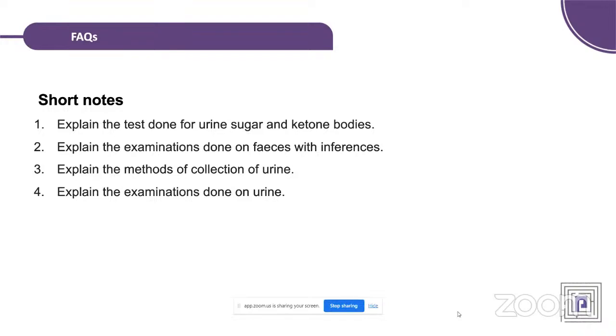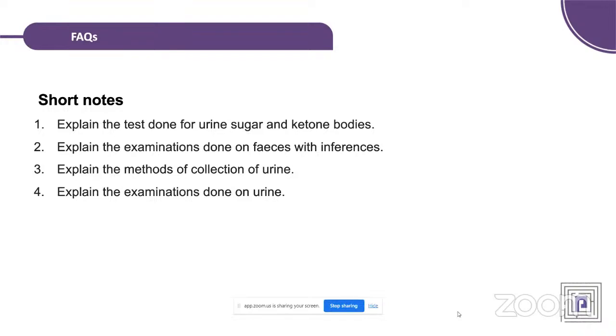Sometimes the eggs of the parasites are excreted in the stool sample. So if you identify the egg in the stool examination under the microscope, you can tell that this parasite egg is identified in the feces, so that they can treat the patient with anti-parasitic medicines.